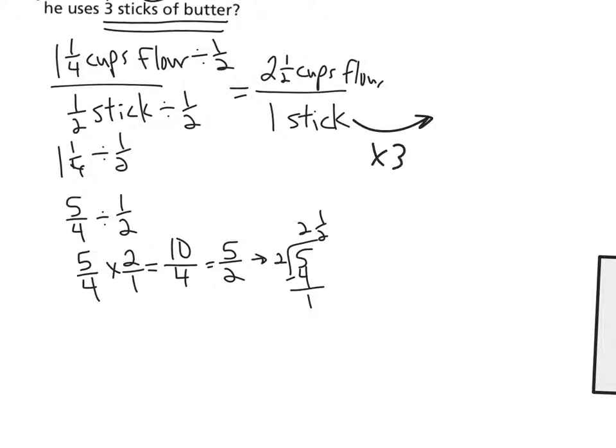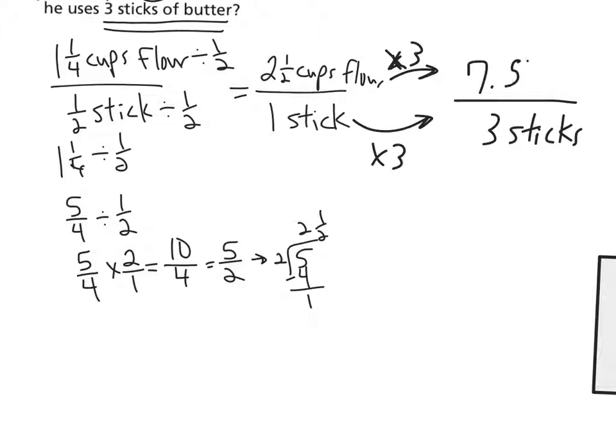So 3 sticks would be 3 times as much. So we can take 2.5 times 3. If you want, again, that's a decimal. Pretty nice. What you could do is 2.5 times 3, which would be 7.5, or 7.5 cups of flour.